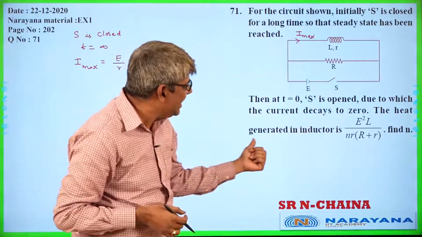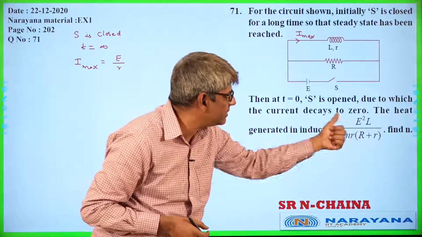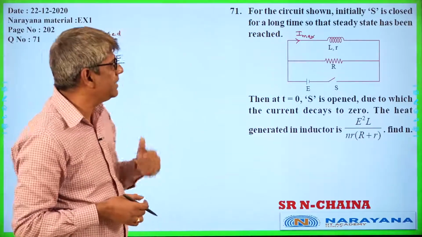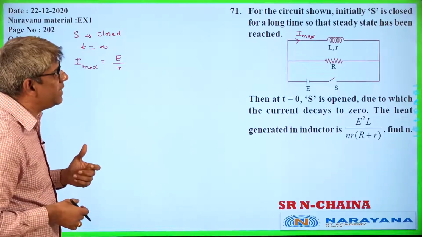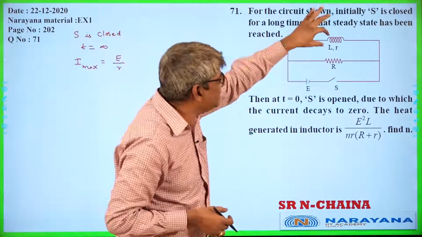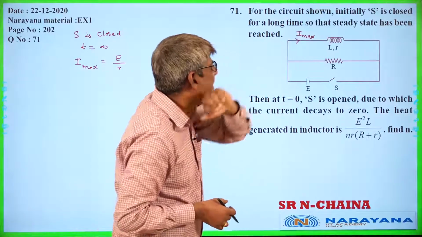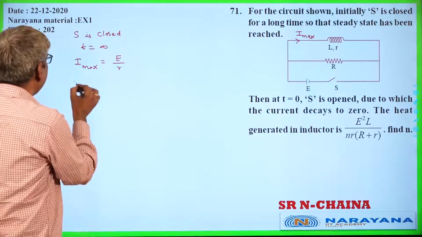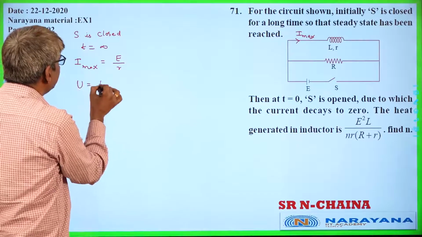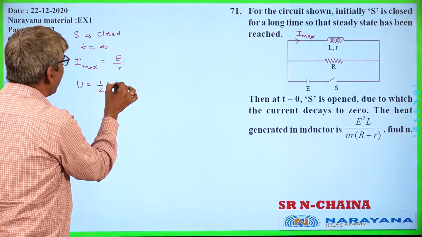Now he is asking the heat generated in the inductor after opening. To calculate that, let me first calculate, before opening S, the energy stored in the inductor initially. Energy stored in the inductor, suppose it is U, which is U0, equal to half L I max squared.